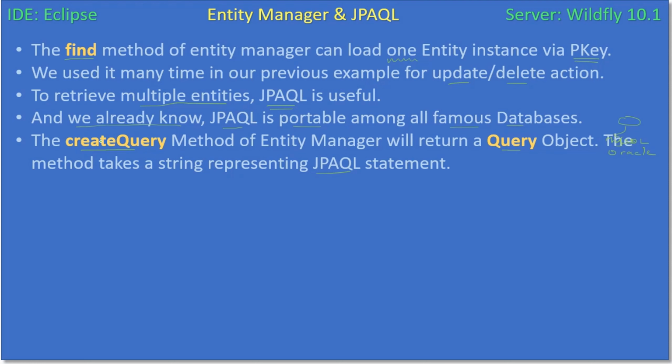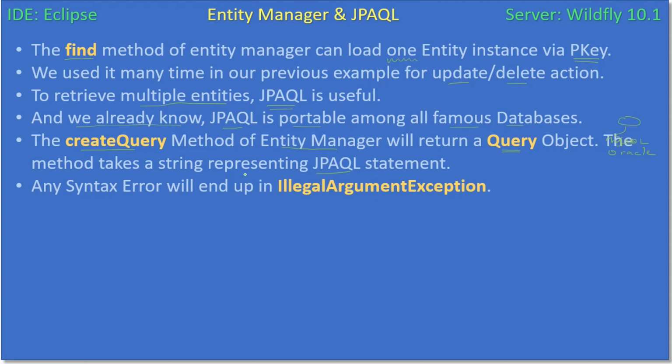So the createQuery method is called from the entity manager by supplying the JPA-QL statement. When the JPA-QL statement is valid, the entity manager's createQuery method will return a query object. From that query object, we can perform various other operations, I mean the database operations.